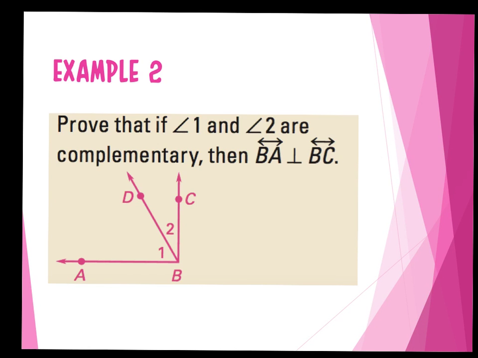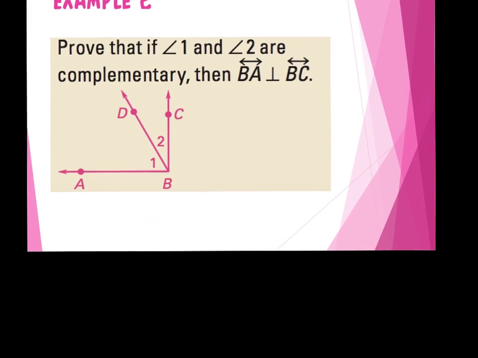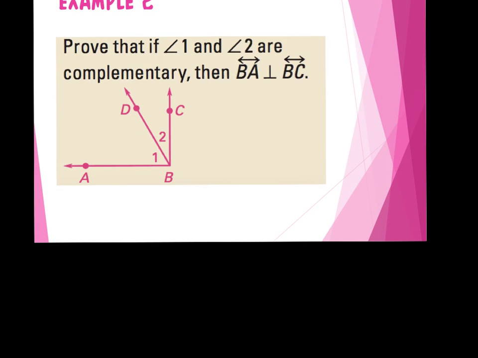Okay, this one says, prove that if angle 1 and angle 2 are complementary, then BA is perpendicular to BC. So let's walk through it like it's a proof. So angle 1 is complementary to angle 2.